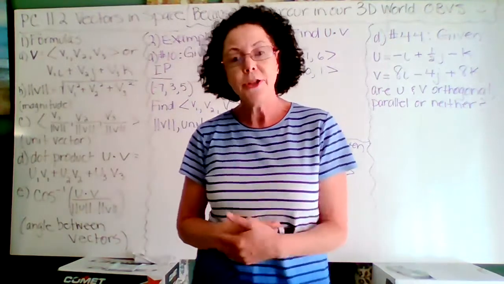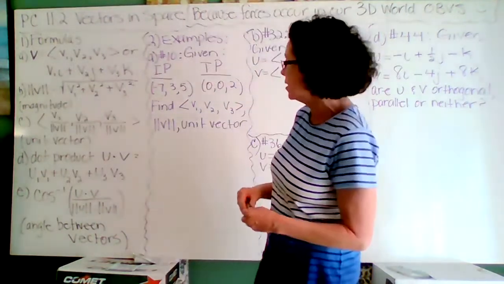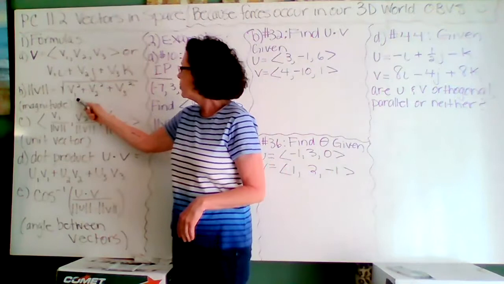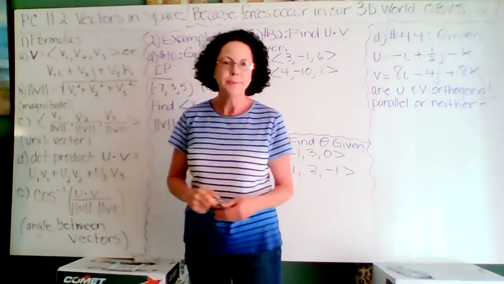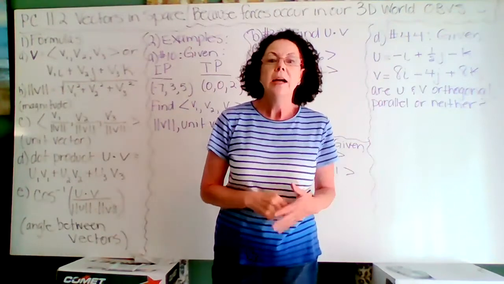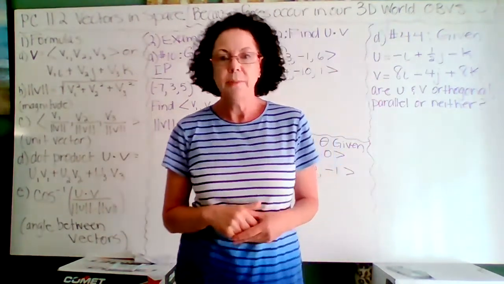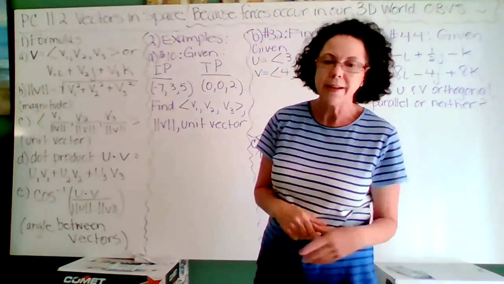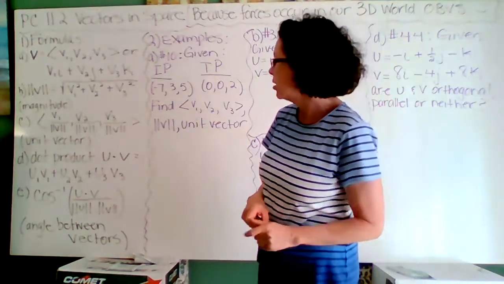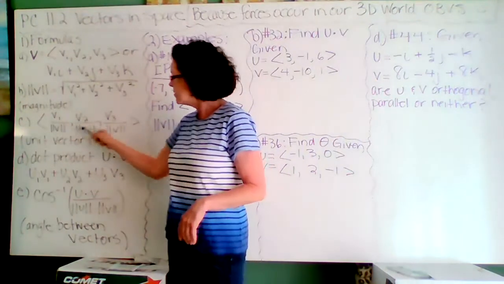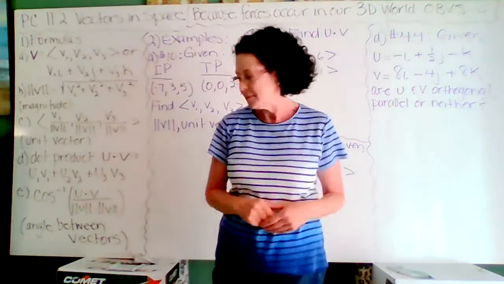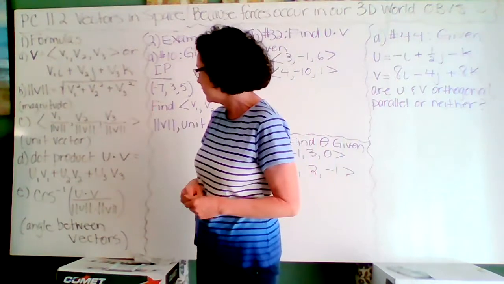To find the magnitude of vector v in 3 dimensions, v1 squared plus v2 squared plus v3 squared, take the square root, will be the magnitude. To find a vector in 3 dimensions with the magnitude of 1, called a unit vector, we will just take each of the 3 components and divide by the magnitude of v. That will be a unit vector.